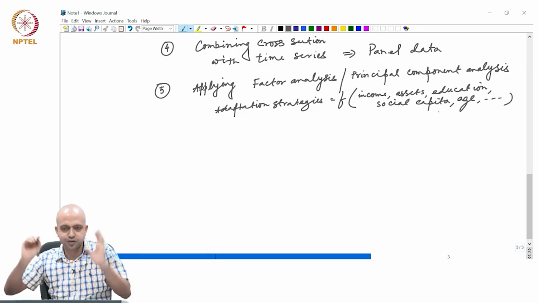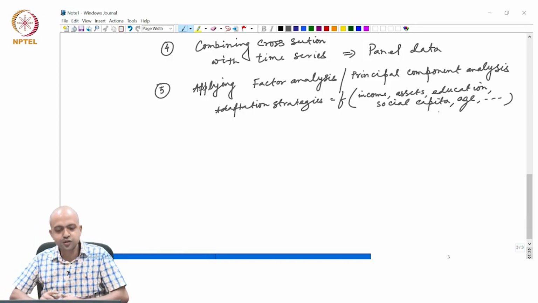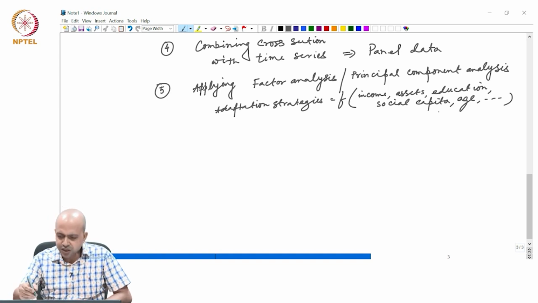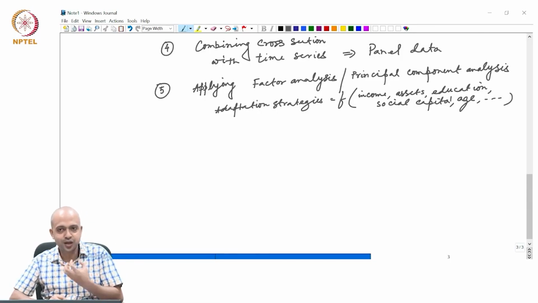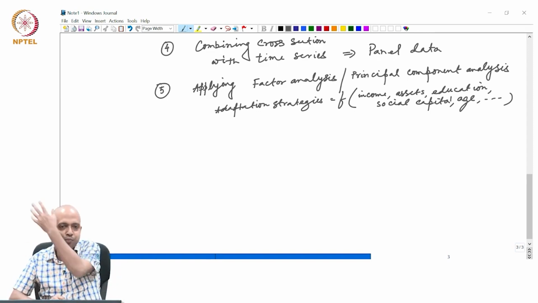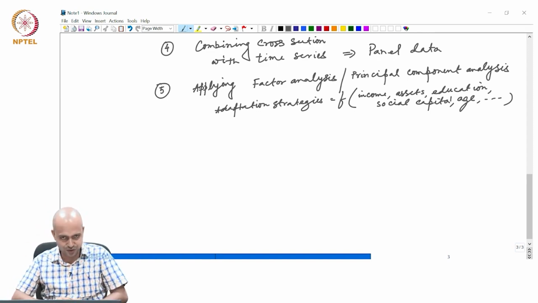There would be many factors that determine the ways people adapt to climate change. Now, these independent variables, income, asset, education, social capital, so many of these variables, they show intercorrelation. Then what you do? You apply principal component analysis here to identify some of the principal components out of your n number of such independent variables.